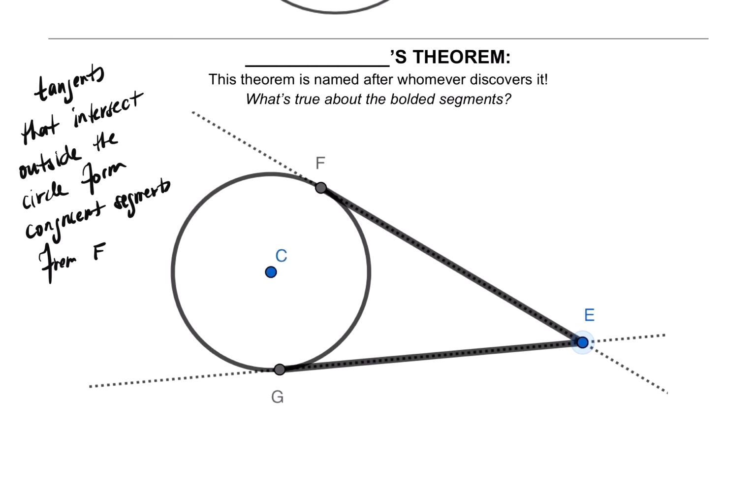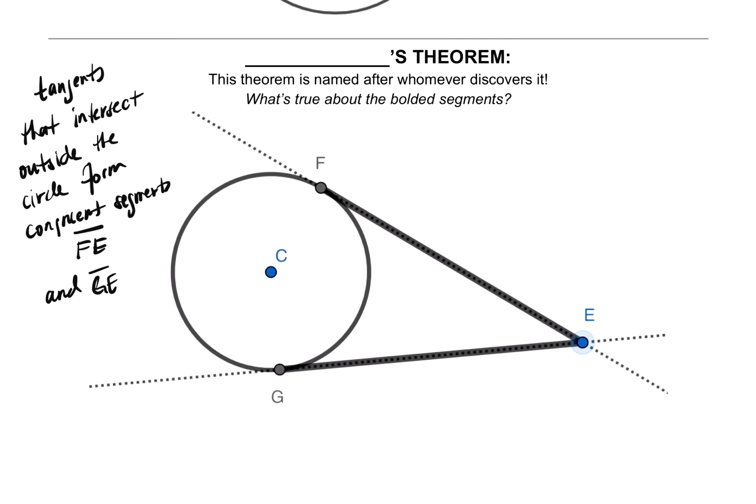From F to E, and from G, well, actually, let's write it like this. They form congruent segments FE and GE, where E is their intersection.